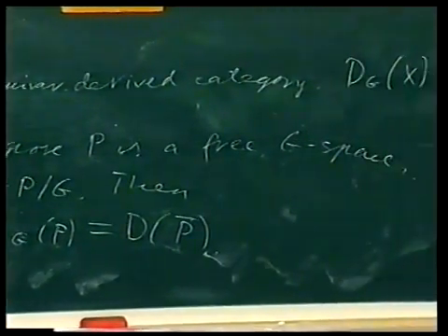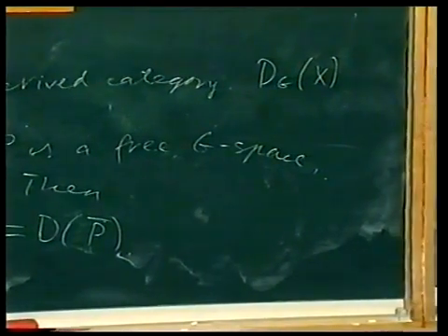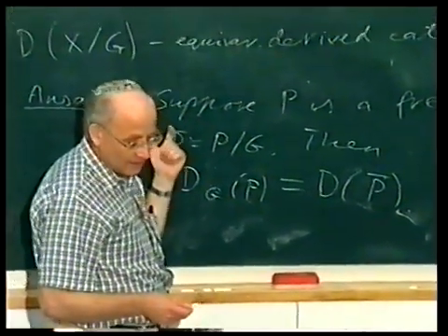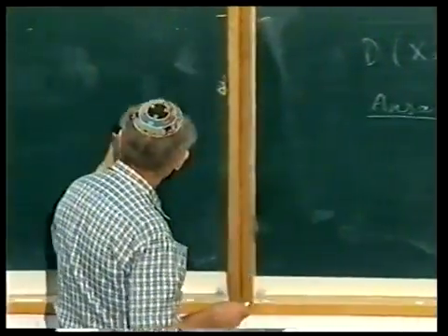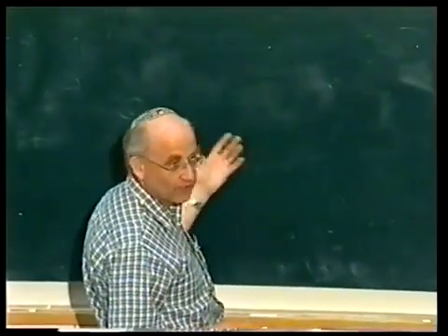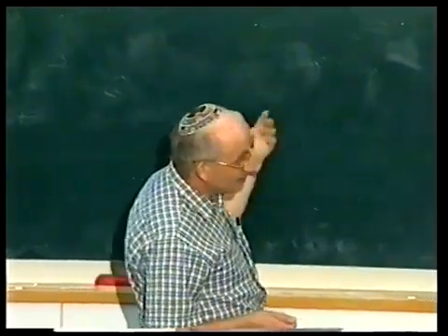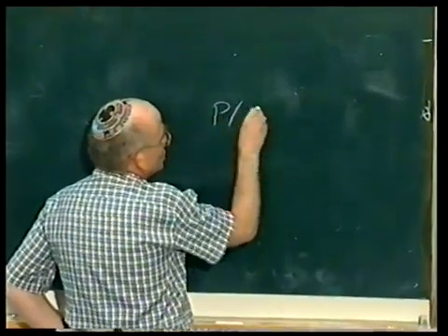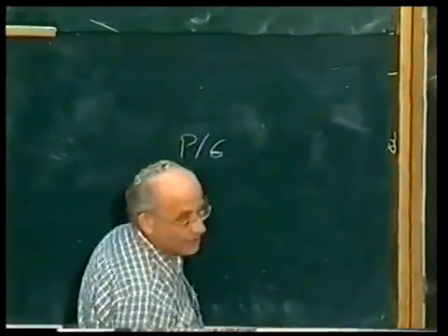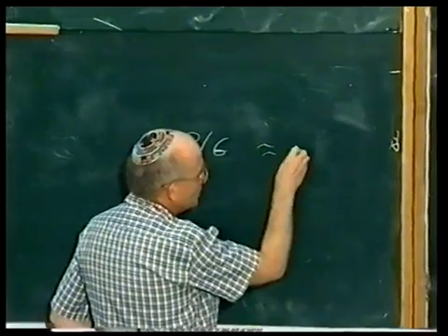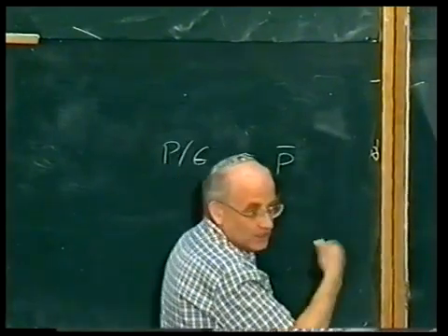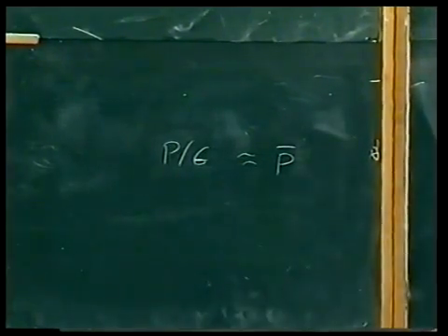And I can give an explanation of this because I described this notion of stacks, and there is a notion of equivalence of stacks. So this stack P mod G, in the case when the action is free, is just equivalent to the trivial stack, the stack P bar, which is a set with all morphisms trivial.